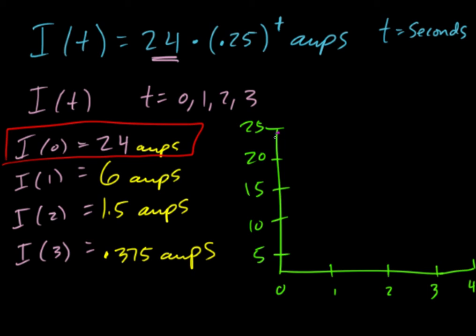When we turned it off, we had 24. And then after 1, we were at 6. After 2, we were at like 1.5. And then at 3, we were super close to 0, but not quite there. So we have an exponential function that's going down.